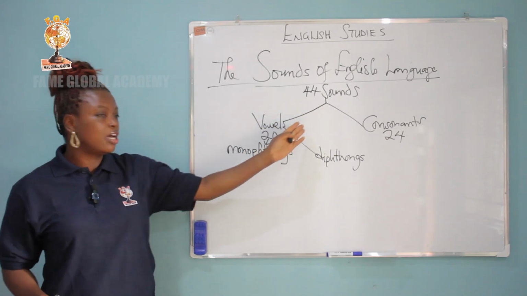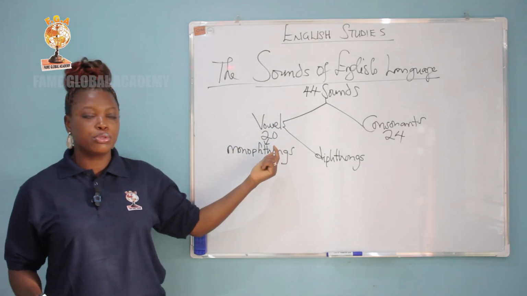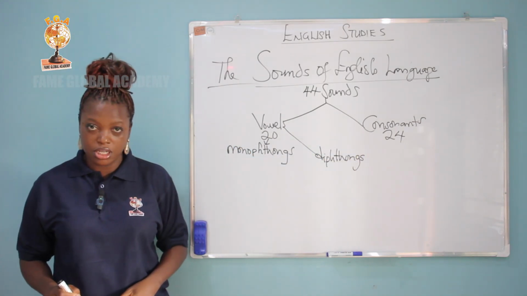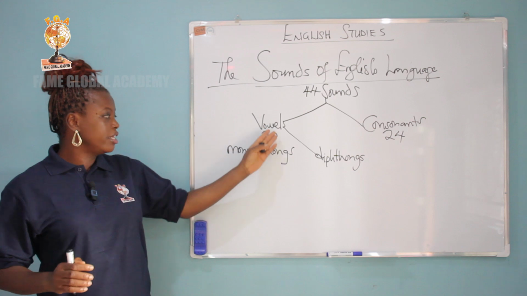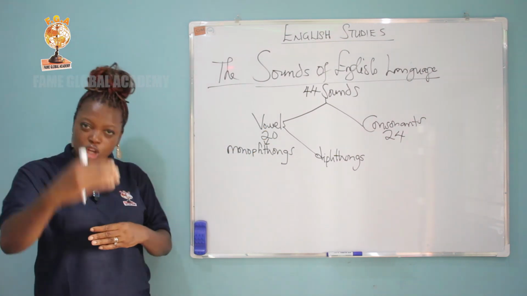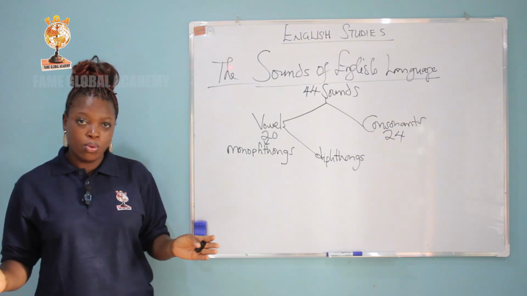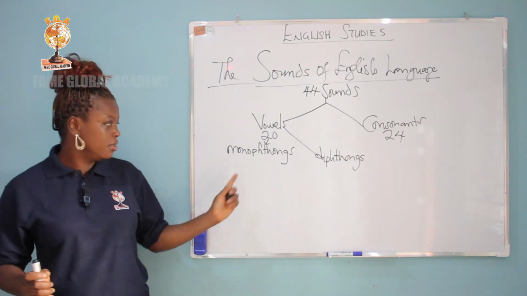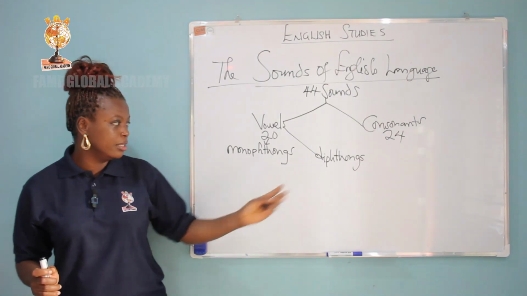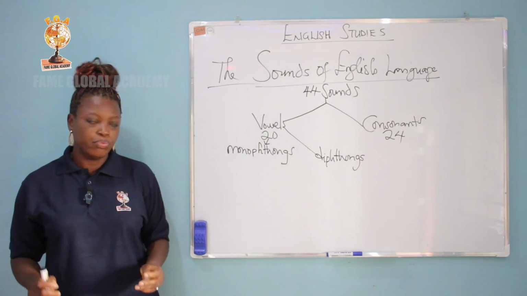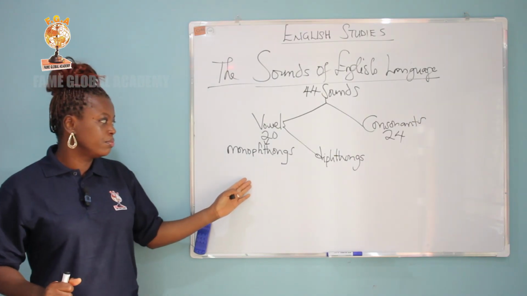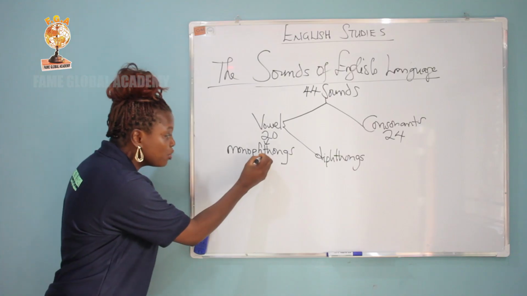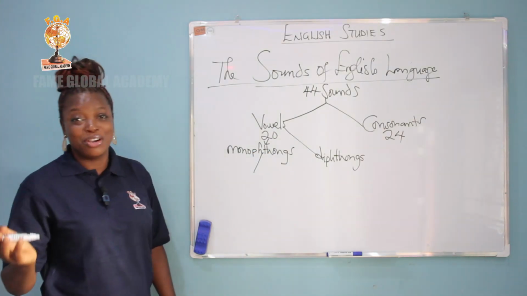So 44 sounds divided into two basic groups: 20 vowels and 24 consonant sounds. These vowel sounds are subdivided into two groups again, which are monophthongs and diphthongs. Monophthongs are also further divided.